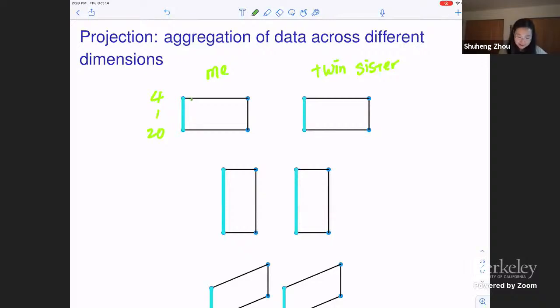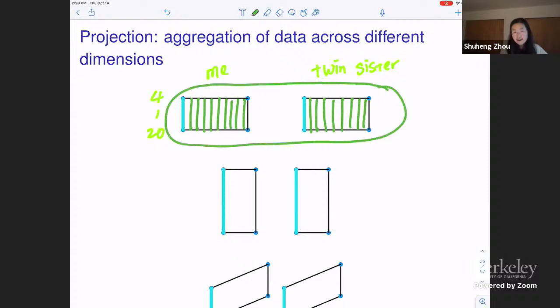So I will collect all my different features, and those are called the fibers. I will concatenate with all the fibers from my twin sister, and then I treat this object all together as a single matrix, and I use the single matrix to study the development between 4 to 20 years.